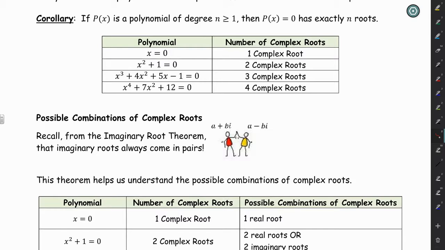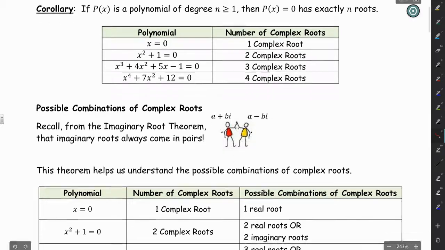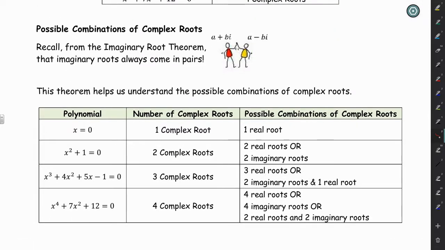Now, possible combinations of complex roots. Recall from the imaginary root theorem that imaginary roots always come in pairs. So we need to keep that in mind when we examine what types of roots we could have for each kind of polynomial. So let's look at this table. Again, we're looking at a first degree polynomial, and we know that we have one root.